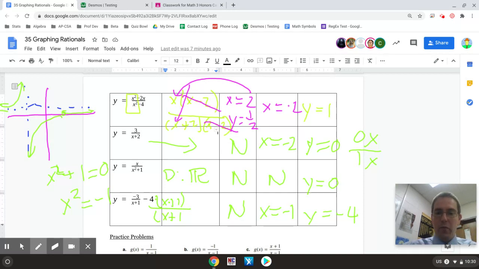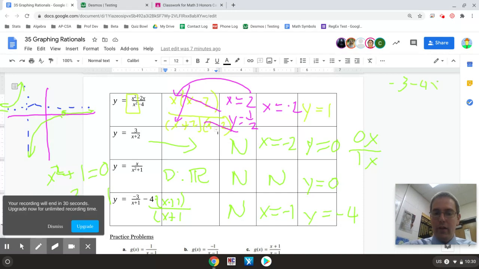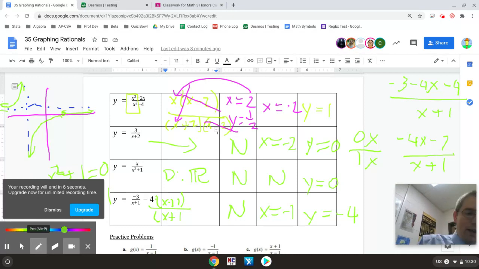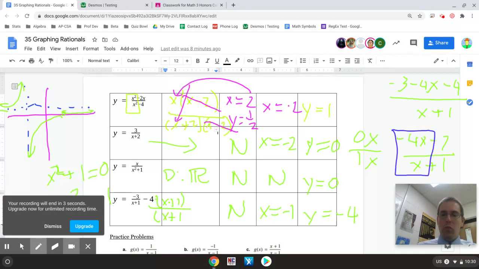That would have given me a negative 3 minus 4x minus 4 on top. And on bottom, everything would have had an x plus 1. And notice that would have given me negative 4x minus 7 over x plus 1. Then comparing my highest degree, which is my x, it would have given me a negative 4 over 1 for the same horizontal asymptote if it would have been in that form.